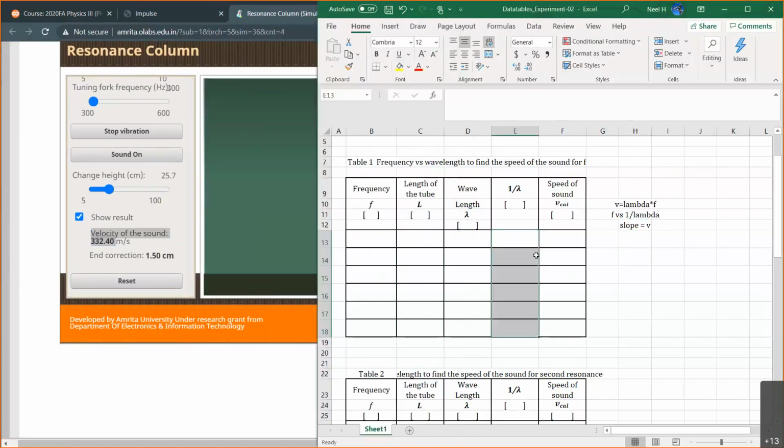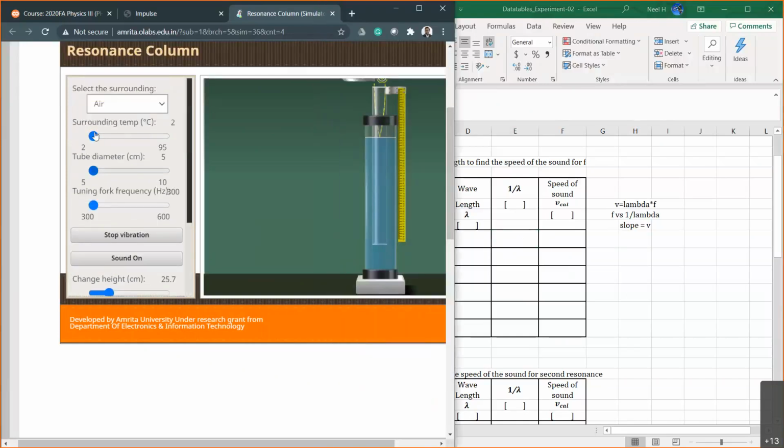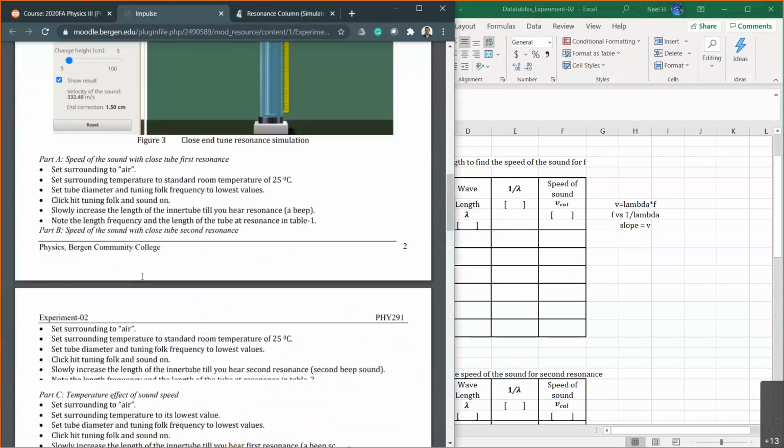All right, then let's take the reading. Let's start from 300, and keep all of these constant. Don't change that at all. Keep the surrounding temperature and tube diameter. Let's see whether it makes any difference there.